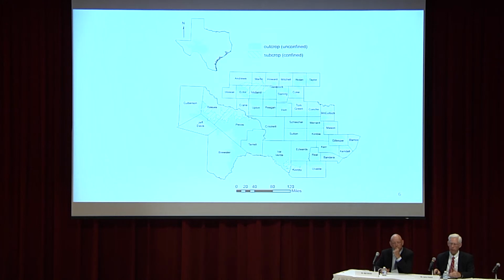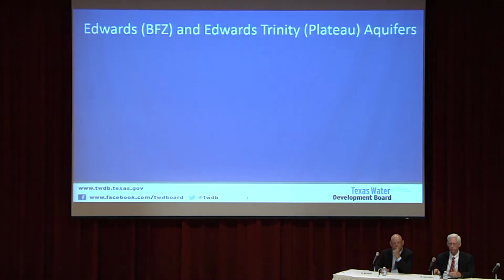One thing you'll notice by the solid shading is that much more of this aquifer is in outcrop or unconfined conditions. Relatively little, by comparison, is in the submerged or buried confined portions of the aquifer, and this will become an important consideration as we go forward.